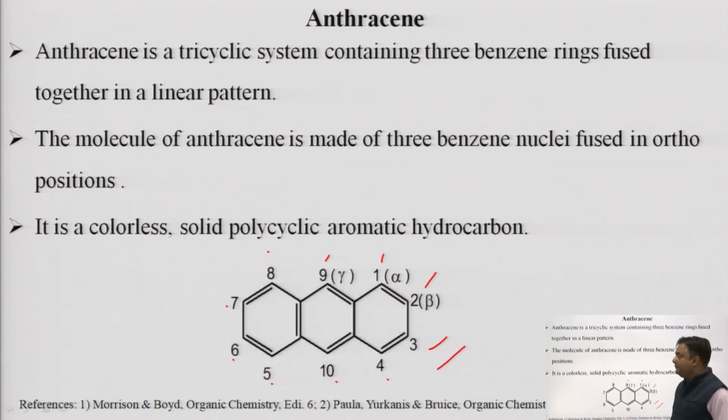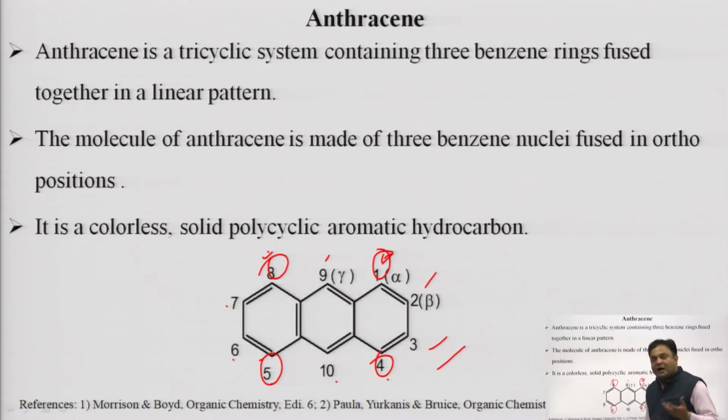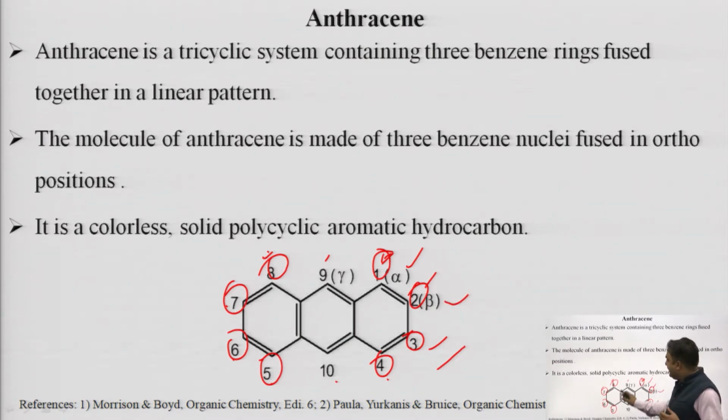When we compare the different carbons of the anthracene molecule, we find that carbons 1, 4, 5 and 8 are equivalent and are known as the alpha carbons, while 2, 3, 6 and 7 are equivalent and are known as the beta carbons, while carbons 9 and 10 are again equivalent and are known as the gamma carbons.